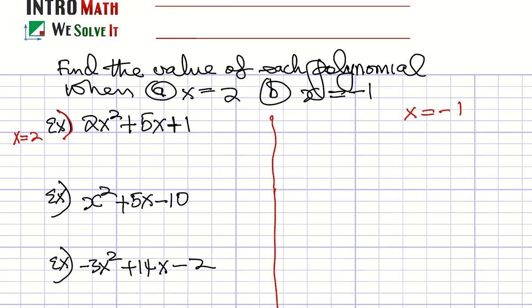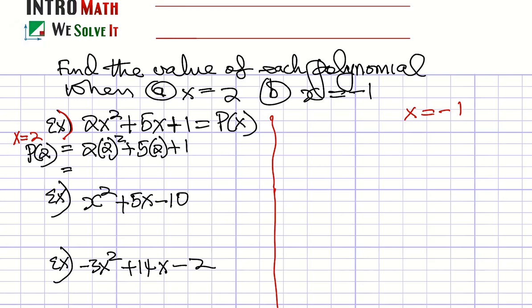When x equals 2, that becomes 2 times 2 raised to power 2 plus 5 times 2 plus 1. Basically, you can equate this to P(x), and then plug 2 in.